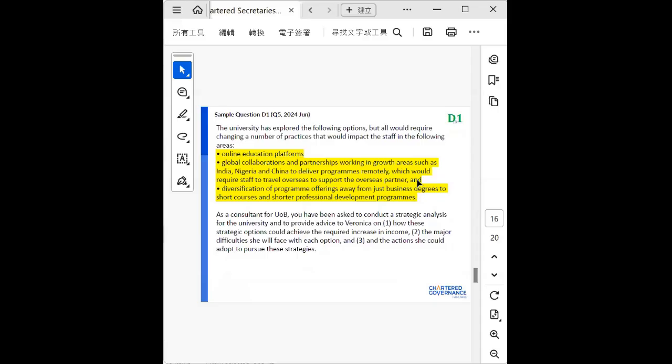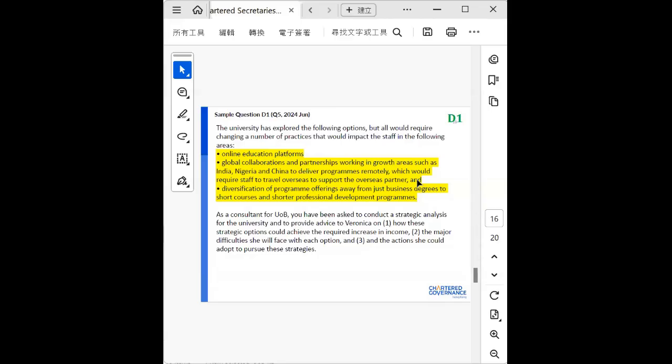In this type of question, they actually invite you to think about solutions and options to develop the overseas campus. So it's not a very straightforward answer. You need to explore further.